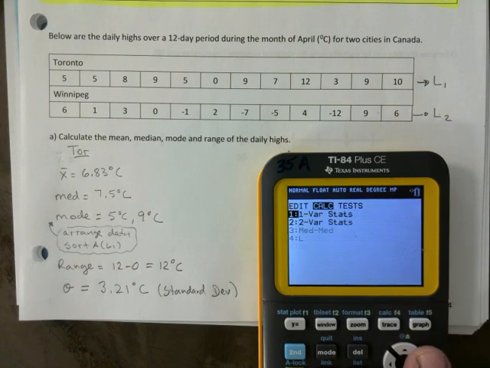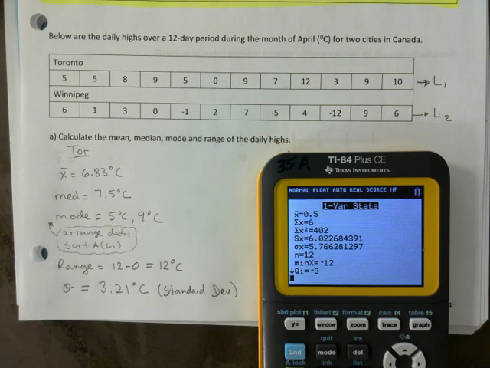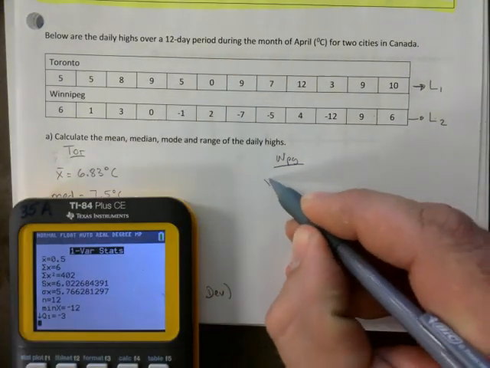Stat, calc, one variable stat, second 2 for L2. But Mr. Erickson, you didn't organize it. You didn't arrange it. You don't have to yet. You technically only have to do it just before you find your mode. Okay? So 0.5, watch this. No surprises there, right?